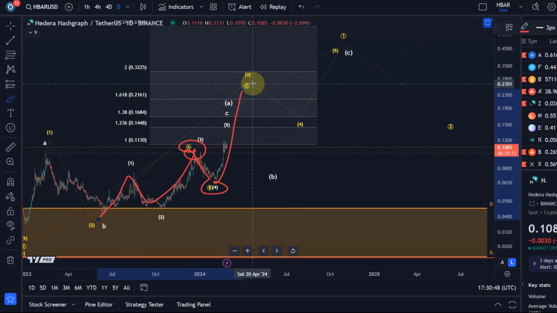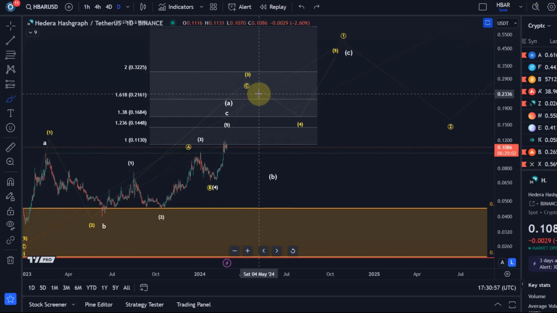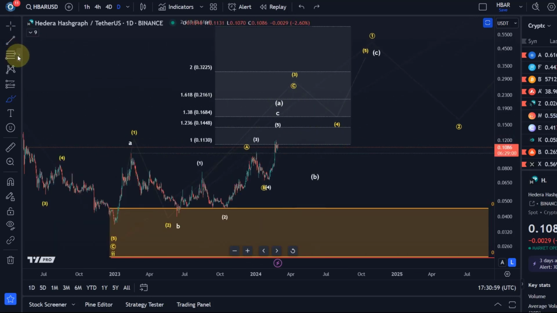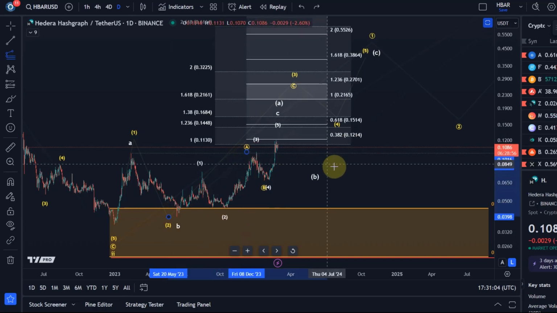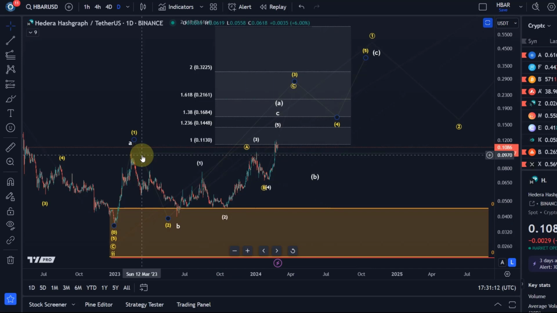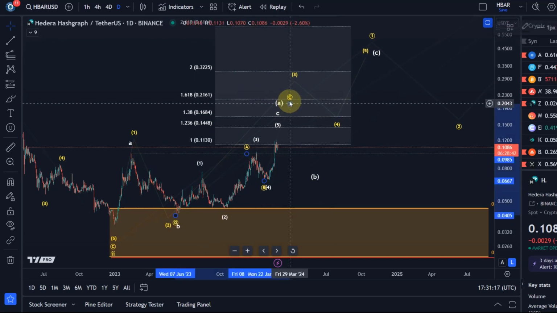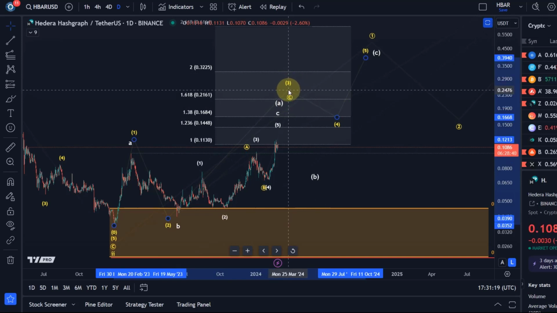To be honest, the subwave structure points towards higher prices because the C wave is usually the same length as the A wave, maybe even a bit longer. If I measure that, watching for that 100% extension level, we should get to 17 cents. That's pretty much where that 1.38 extension level is if I just measure the target for the third wave. So that would be pretty good for the price to get there to confirm the yellow count.